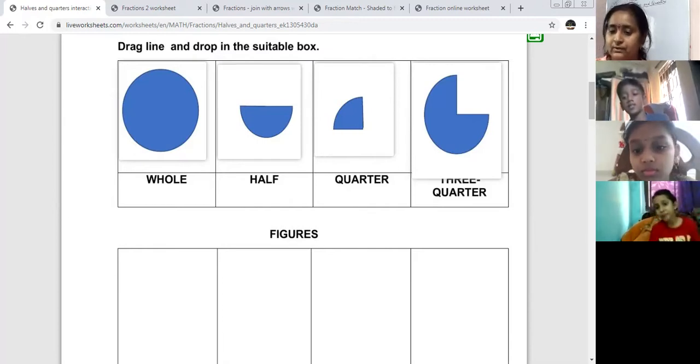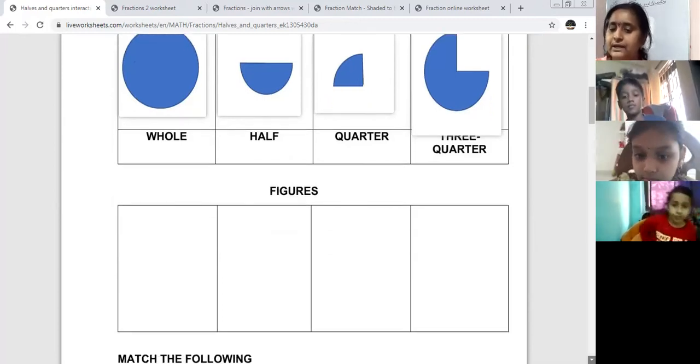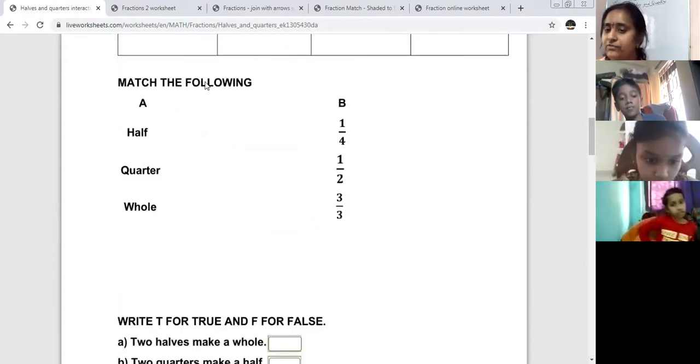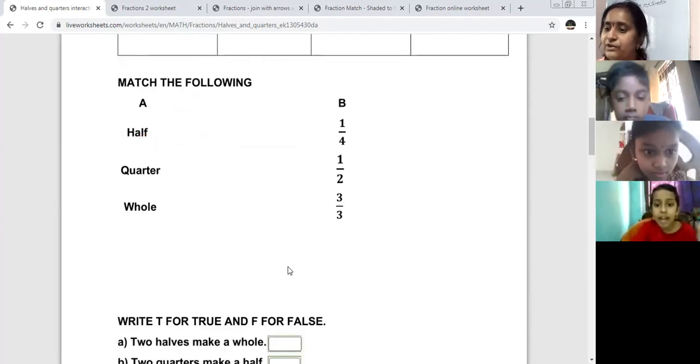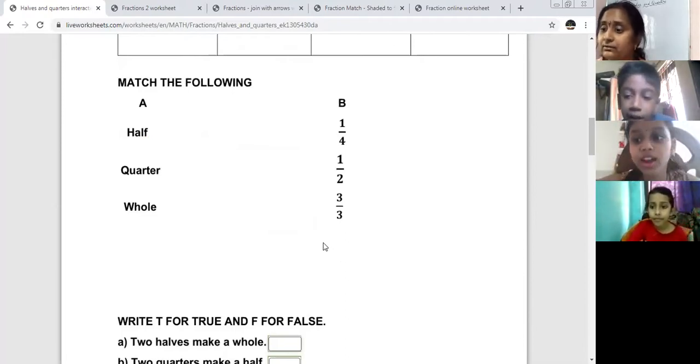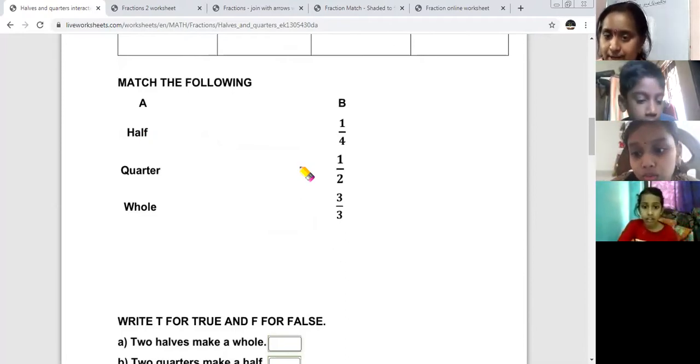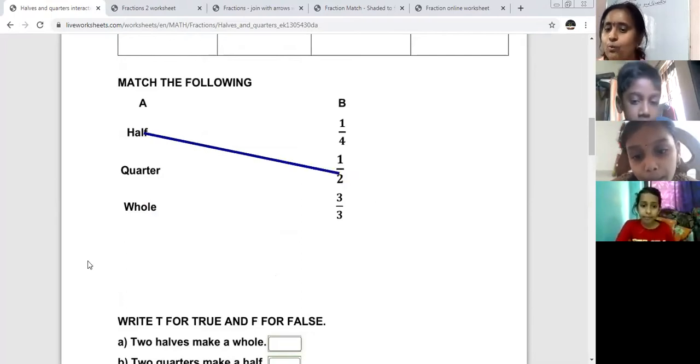Next. Here you have some things, match the following. Where is half? Half means, in fraction, the second one, 1 by 2. What about quarter?